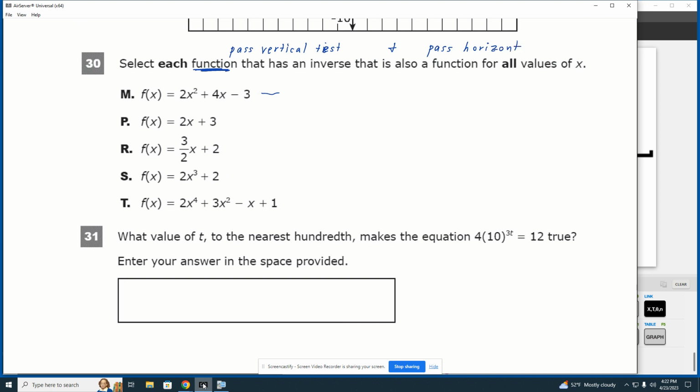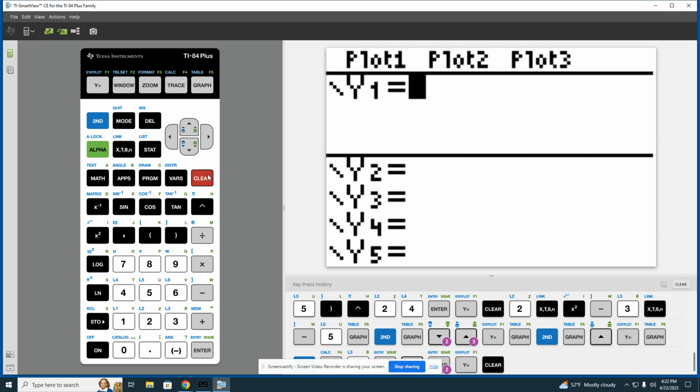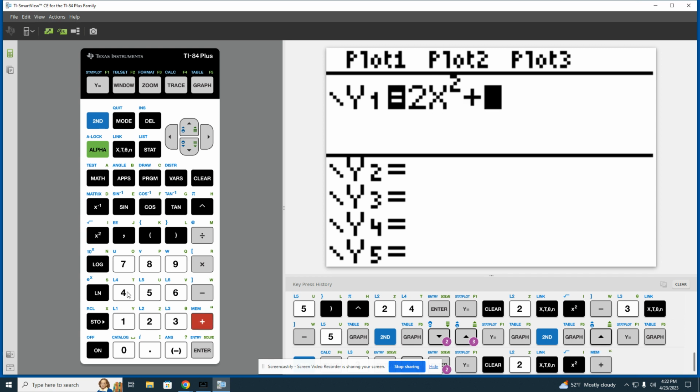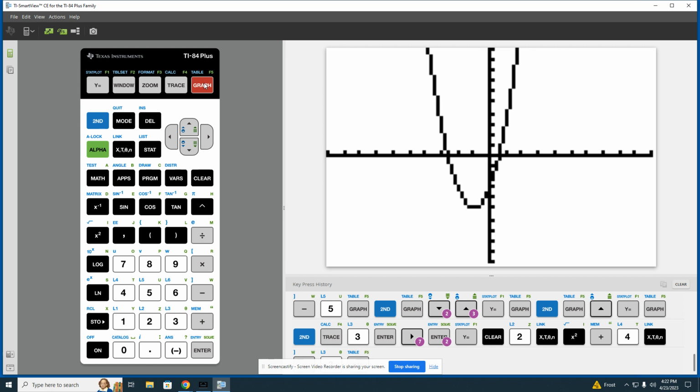Okay, for both to be a function, the original and the inverse, they have to pass the vertical and the horizontal line test. So let's look at m. I'm going to go and type in 2x squared plus 4x minus 3. Does this one pass the vertical line test?